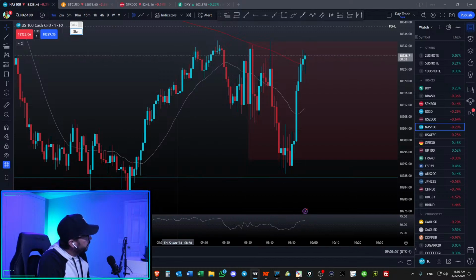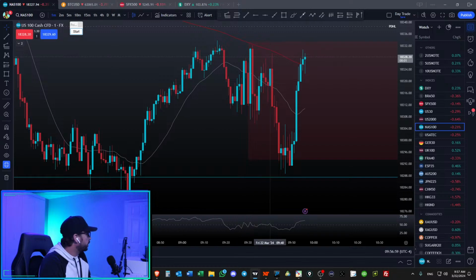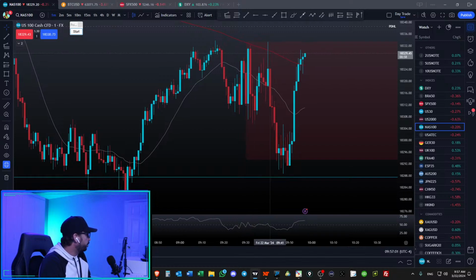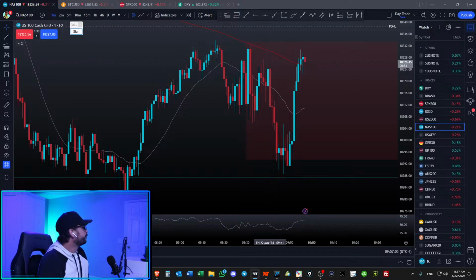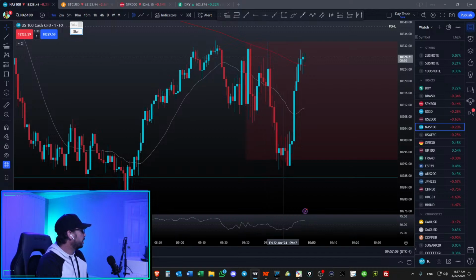The Russell gave a nice entry too at the opening, right after the opening at the 9:40 candle, 9:41. Pretty nice. I lost that because I wasn't looking at that. That was a pretty nice trade. Yep. Now let's wait to see if it comes back.